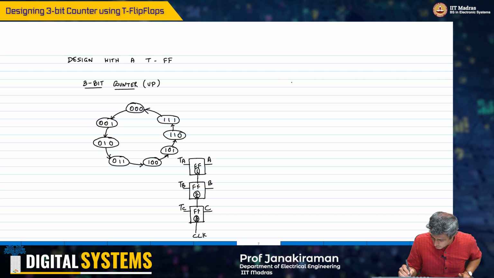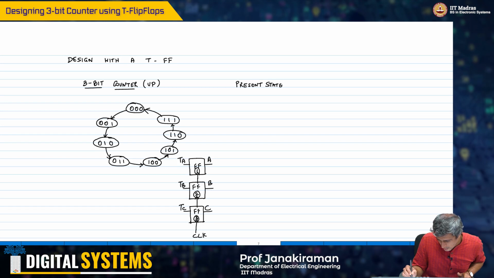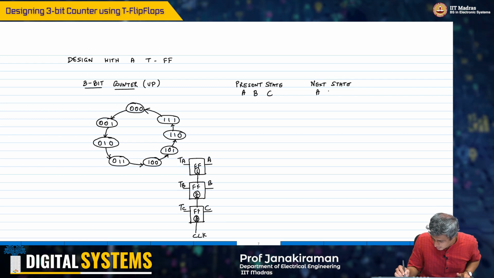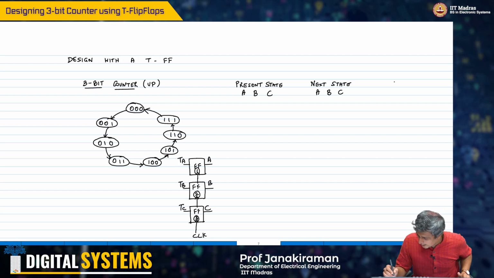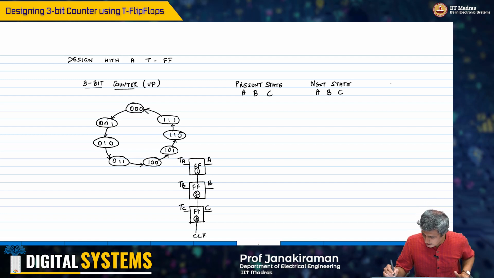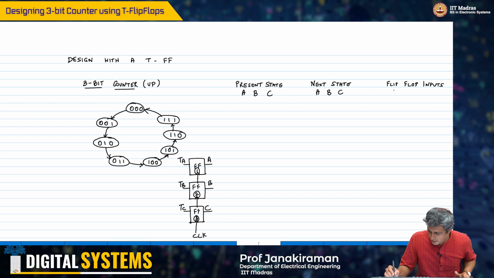So obviously I'm going to start with my present state A, B, C and next state A, B, C. There is no input, so we just stop with these variables, and then I need to figure out the flip-flop inputs, TA, TB and TC.